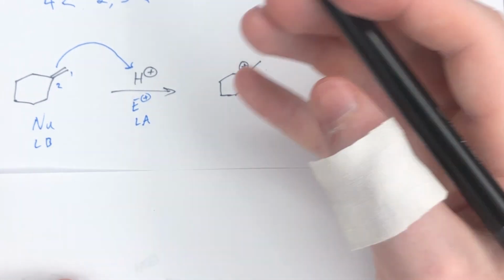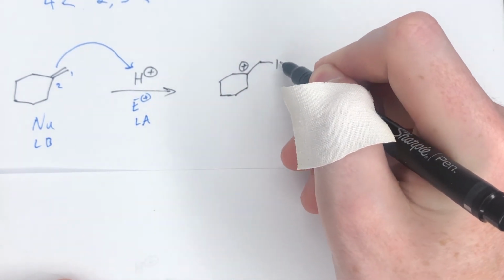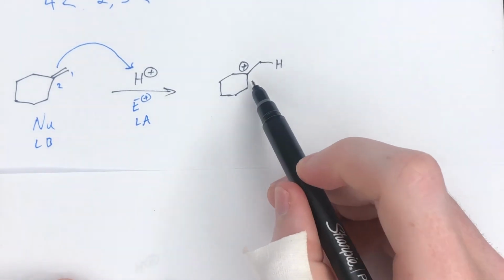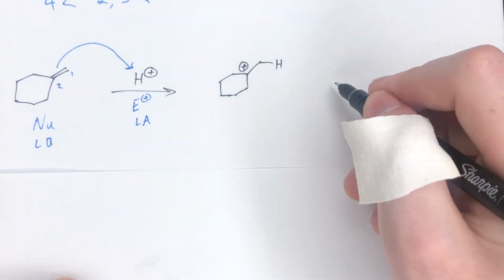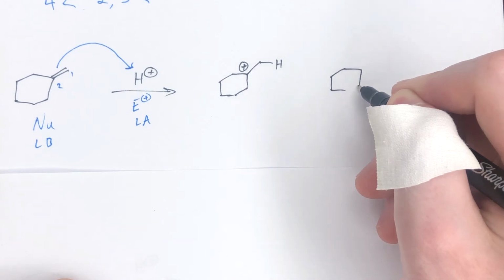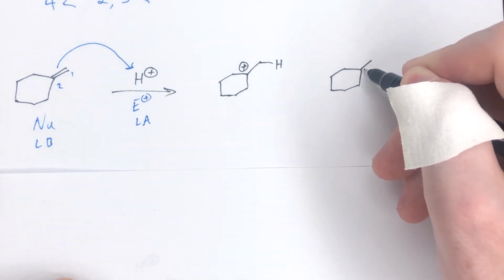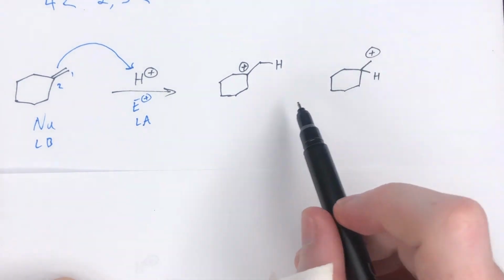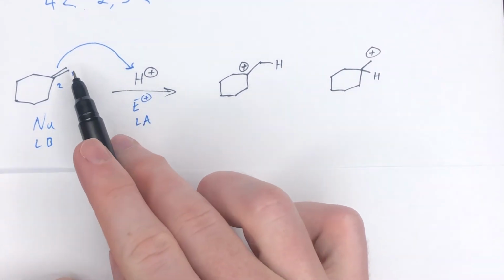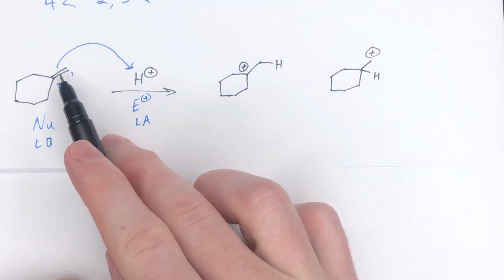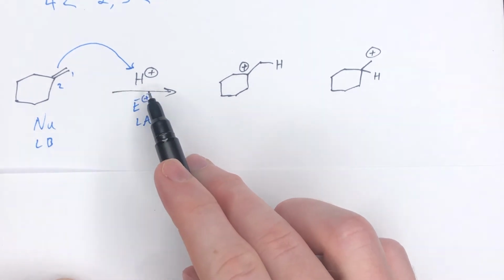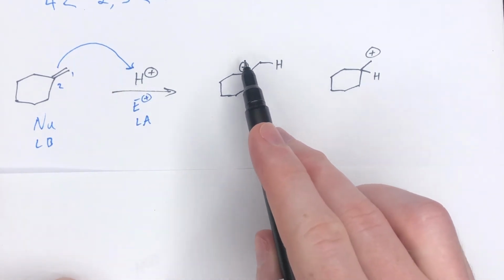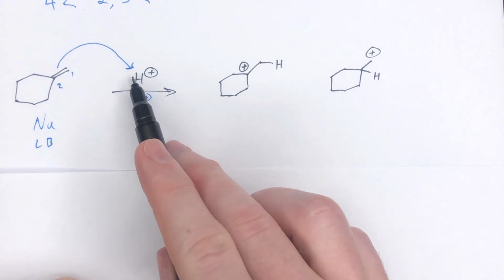So if the hydrogen were to go at position 1, you would get the carbocation at 2. If the hydrogen were to go at position 2, you would get the carbocation at position 1. Now, if you're wondering how I did that, if you put the hydrogen at 1, that means you're using the 2 electrons from the pi bond to create that sigma bond that's drawn in the carbon-hydrogen bond.